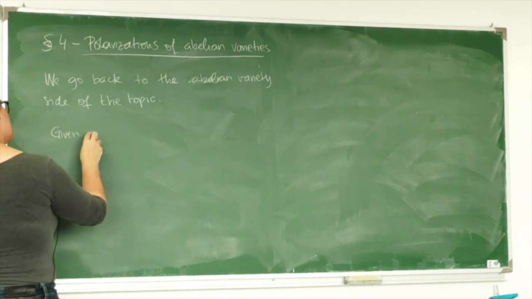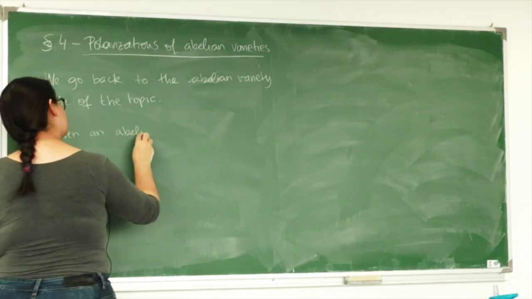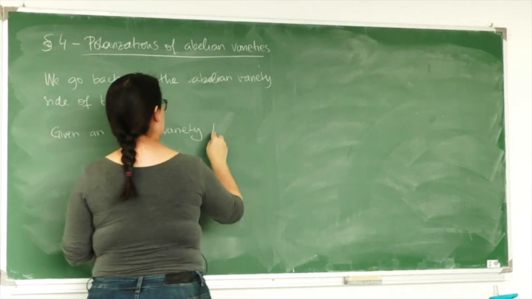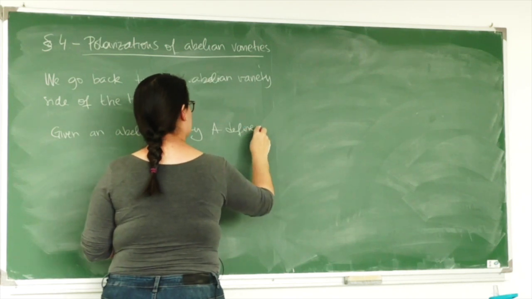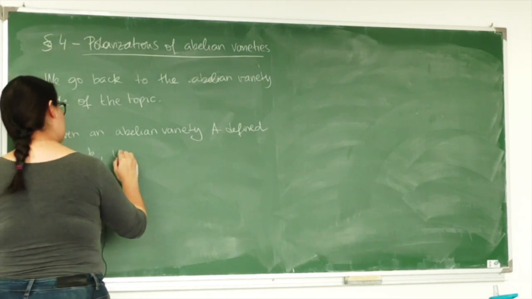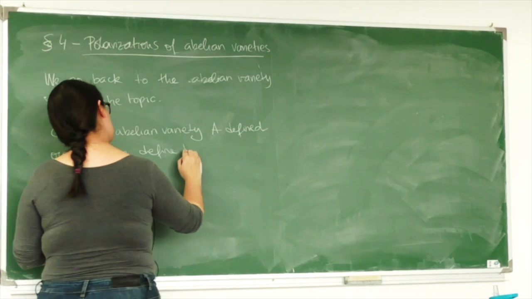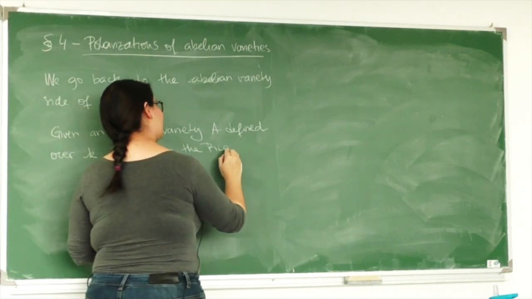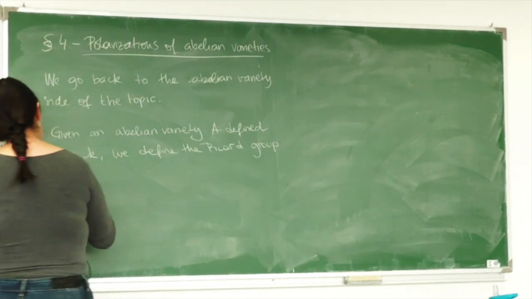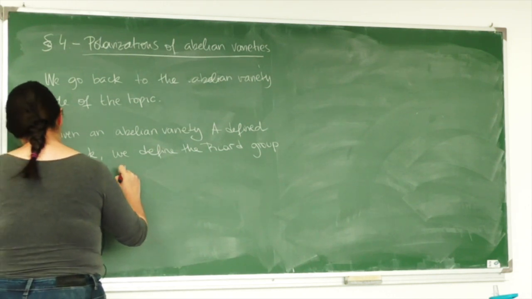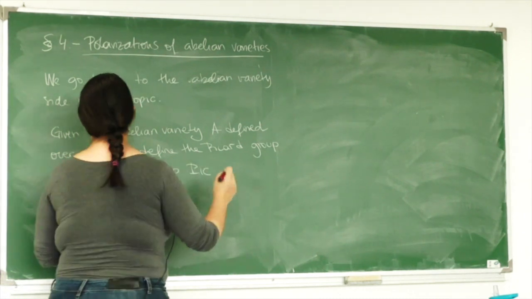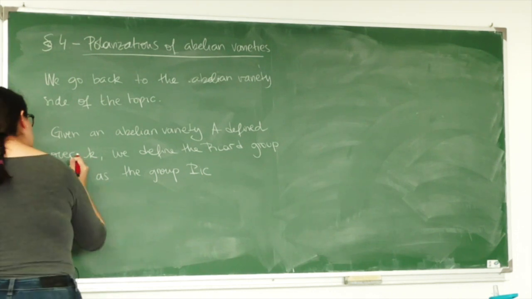Given an Abelian variety A defined over K, we define the Picard group of A as the group Pic of A. Sorry, I'm going to be switching X and A all the time.